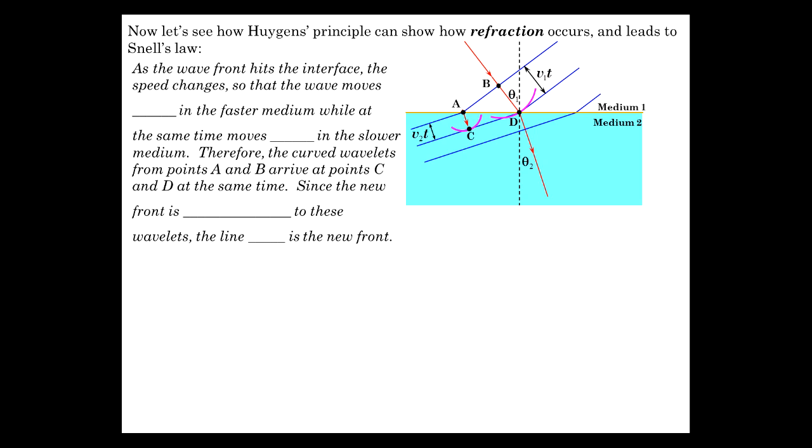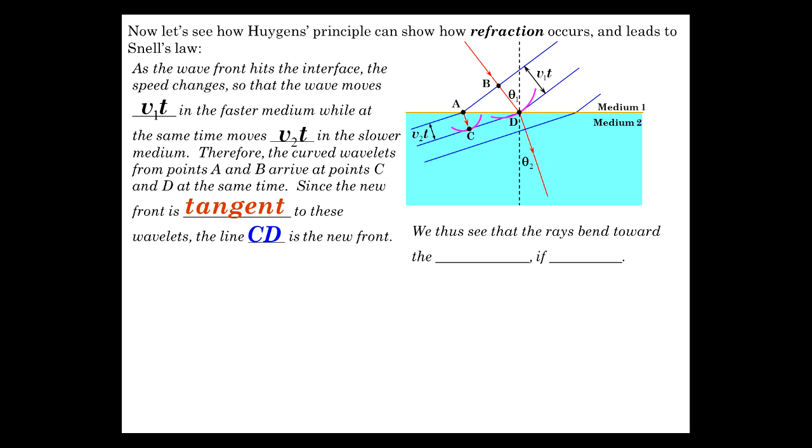But now we're considering that this is light instead of just water waves. So the speed changes when it hits the interface, moving v1t in the faster medium, v2t in the slower medium, and because of the way the tangent lines connect to the curved wavelets that come from the point disturbances, we have those wavelets going from A to B at the same time it goes from C to D, and the tangent line is produced.